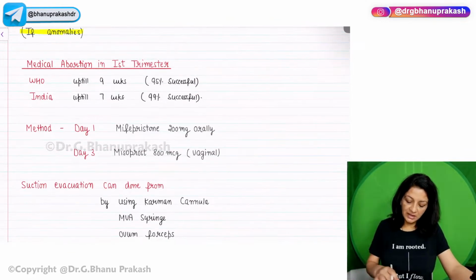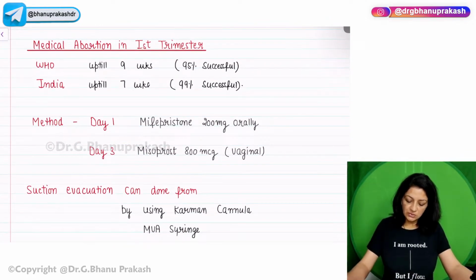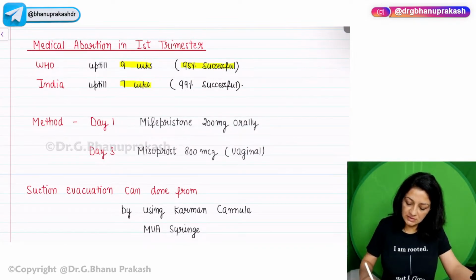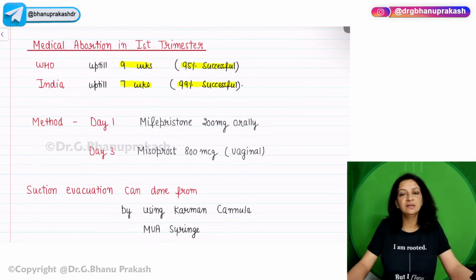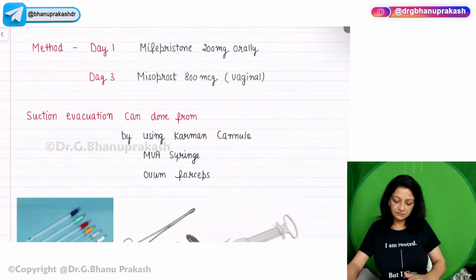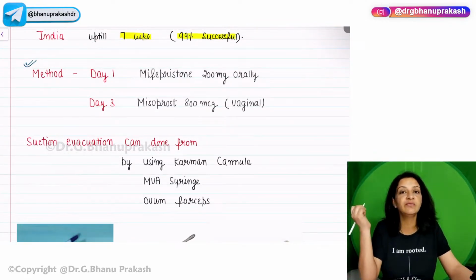So next one, medical abortion in first trimester. In the first trimester, according to WHO, up to 9 weeks, success rate 95%, and in India up to 7 weeks, success rate 99%. Okay, so what is the method? This one is also important. What is the method of MTP in the first trimester?